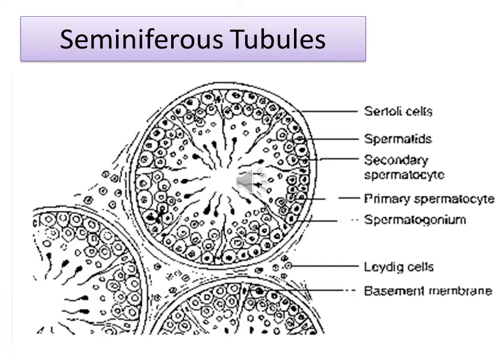When you study the transverse section of the seminiferous tubule, you observe these spermatogonia at different stages of development, as we discussed yesterday. These spermatogonia differentiate into primary spermatocytes. These primary spermatocytes undergo meiotic division to produce secondary spermatocytes. Secondary spermatocytes complete the second meiotic division and become spermatids.